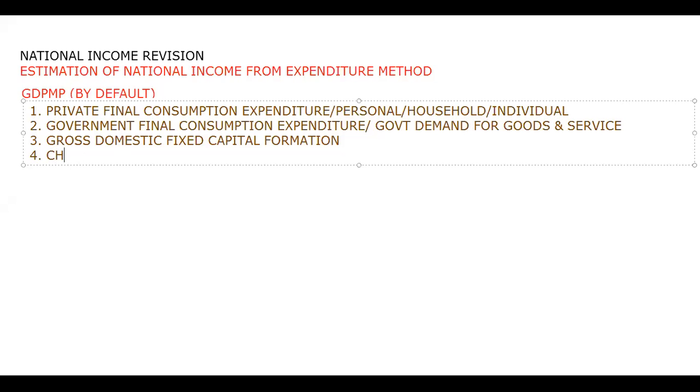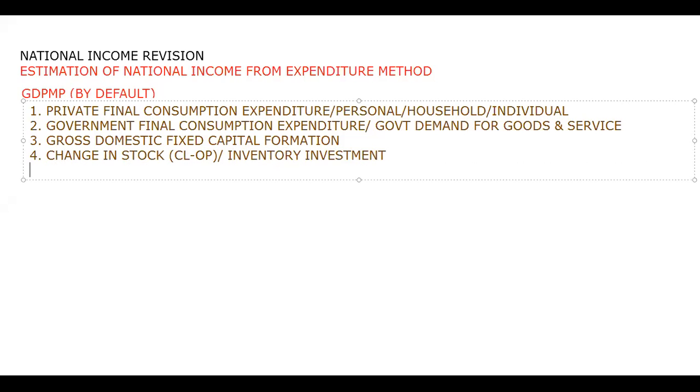And then we add the next concept, that is change in stock. How to compute change in stock? Closing stock minus opening stock. Change in stock is also known as inventory investment, which is the other name of change in stock.